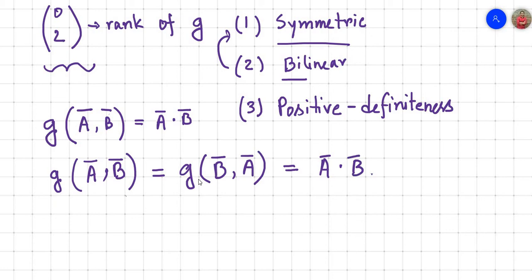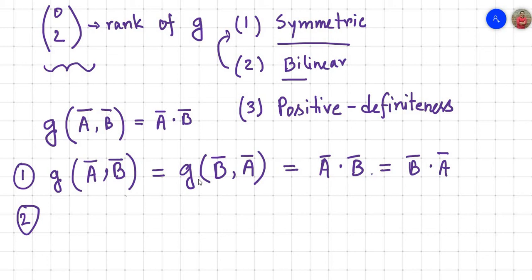And we know from elementary vector analysis that A dot B is the same as B dot A. This resembles the knowledge that we already have. So that's number one. What is bilinearity? Bilinearity means it's linear in both of its arguments.